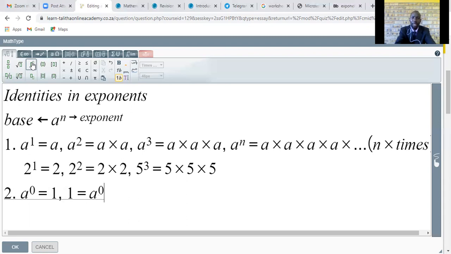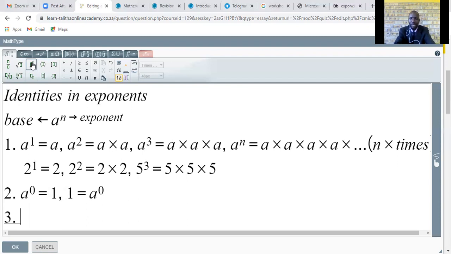Now, the third identity that we would like to look at is that if a number or a letter has not been written with an exponent or a power, what does that mean?